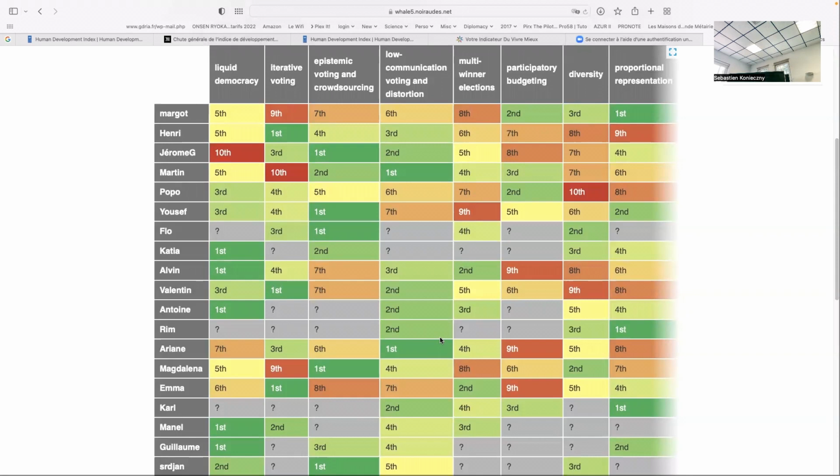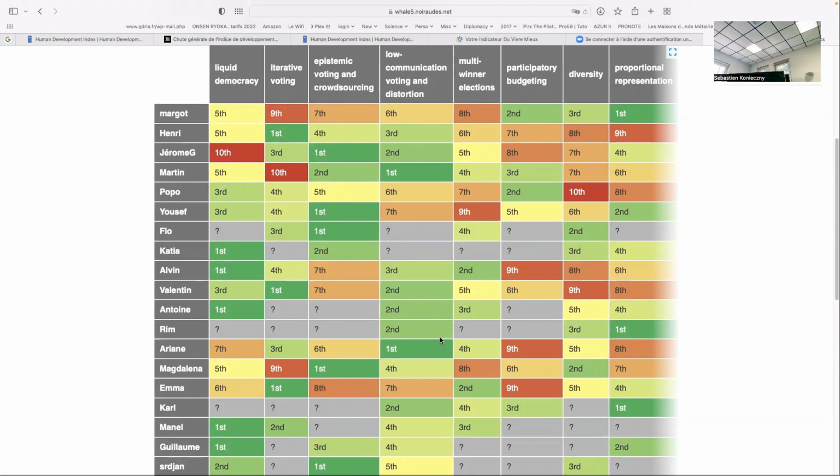Liquid democracy. If you look for the second highest Borda score, I think it is low communication voting and distortion. But look at that.